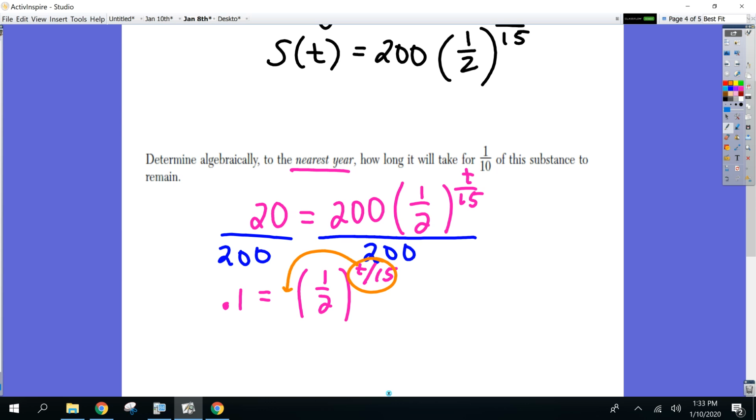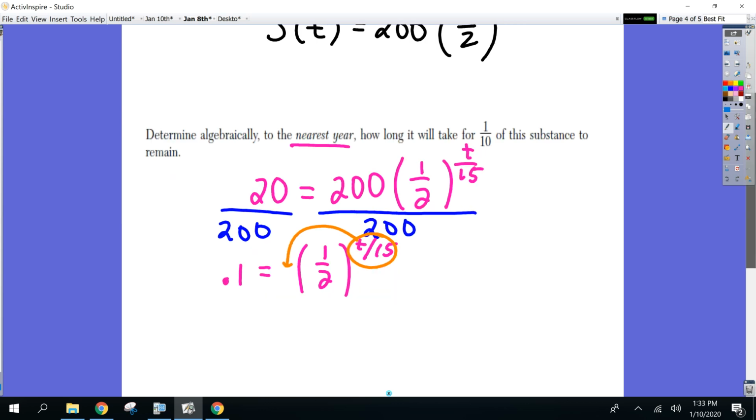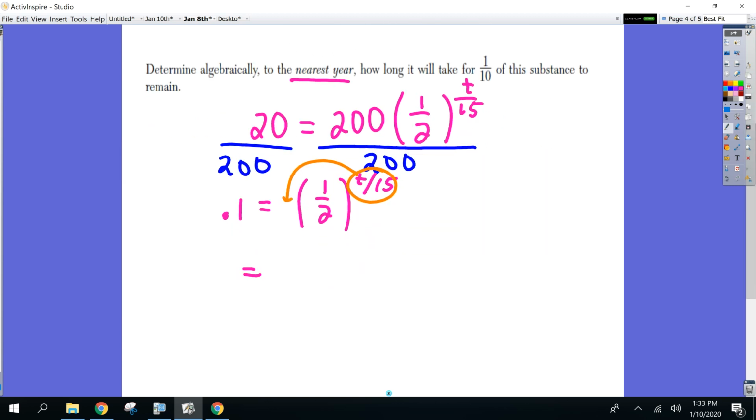All right? So if I want that t over 15 to come down from the exponent, the only way I can do it is if I log its base, which was what? What's still there? 1/2. That's the only way it's coming down, is if I log that side.